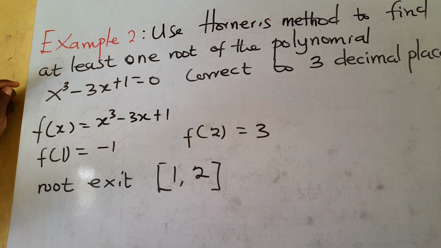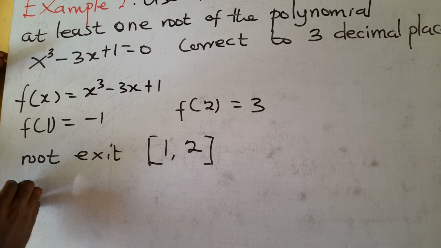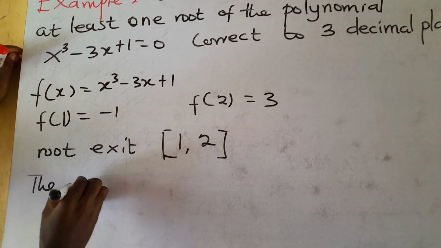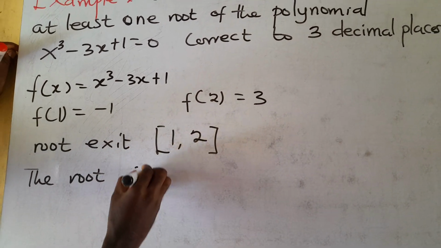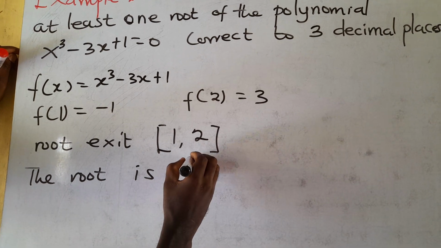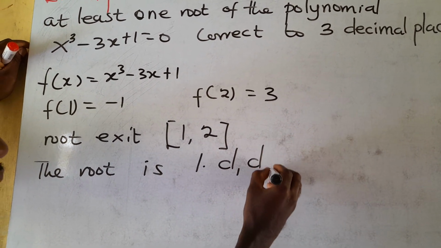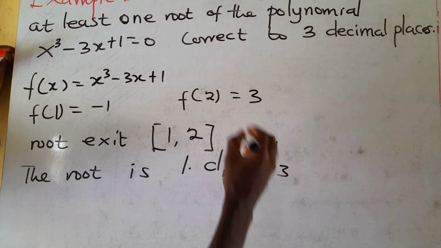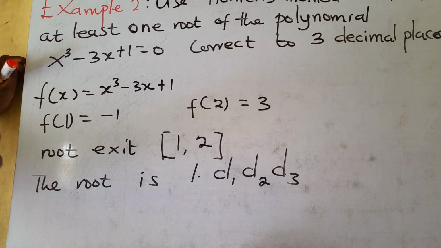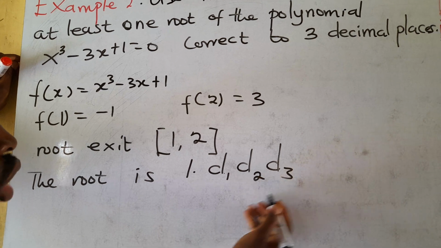So we can say that the root is 1.d1, d2, d3, since they say 3 decimal places. I hope you get that. How do we get our d1, d2, d3?